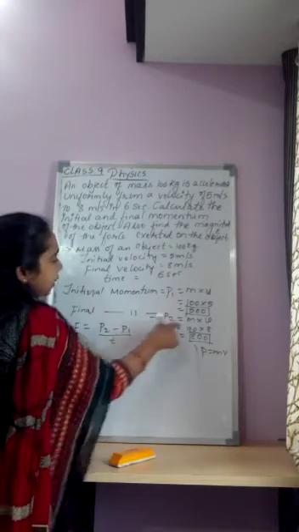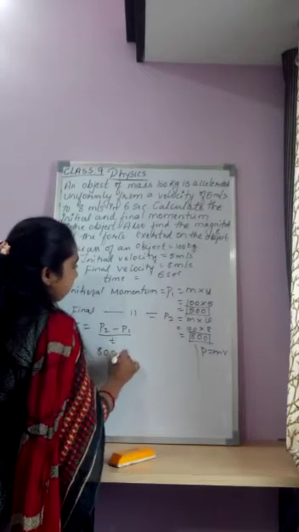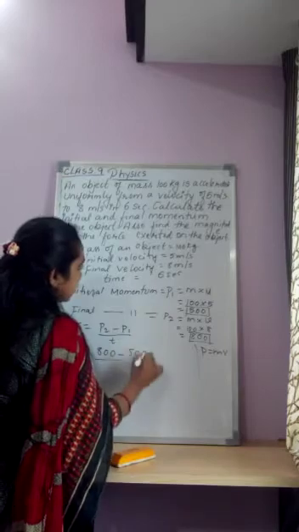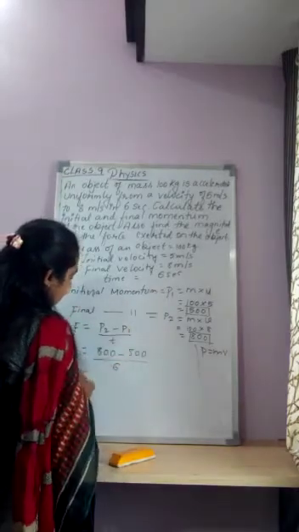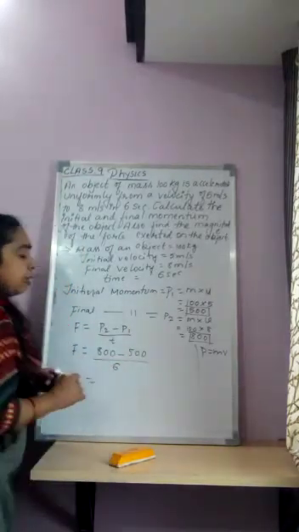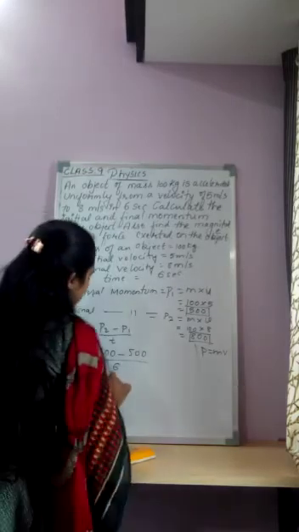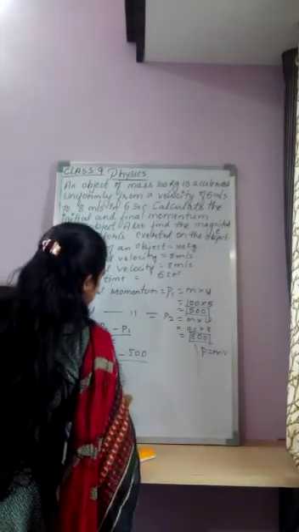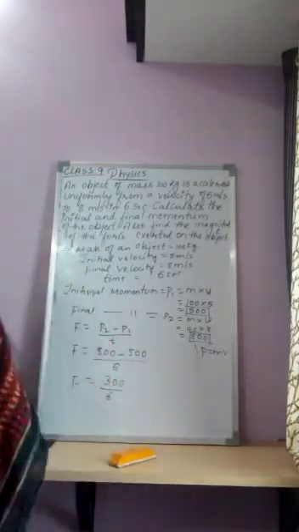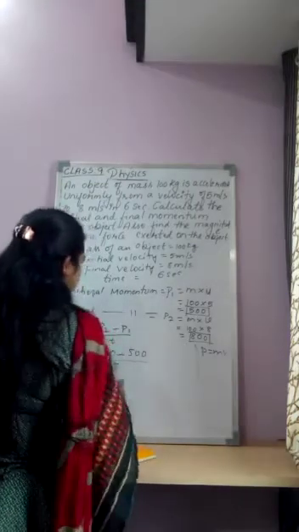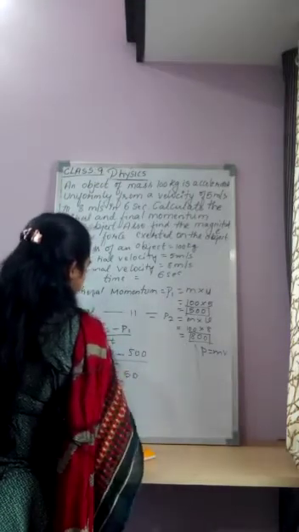So F is equal to, P2 is 800 minus 500. What is t? T is 6 seconds. So F is equal to 800 minus 500 is nothing but 300 divided by 6. So how much is it now? So this is 50.